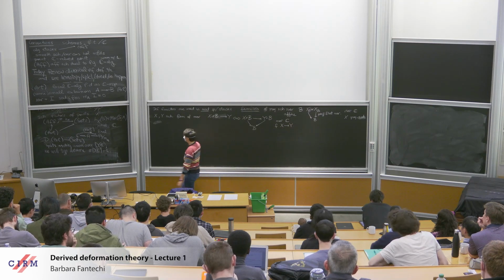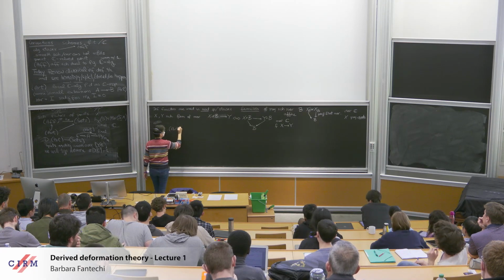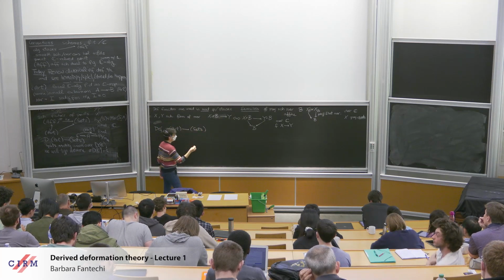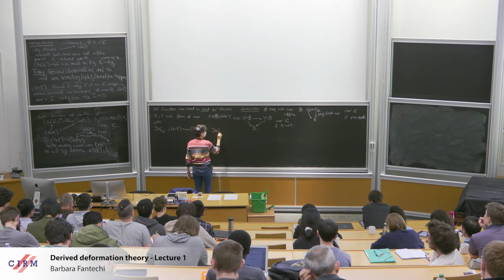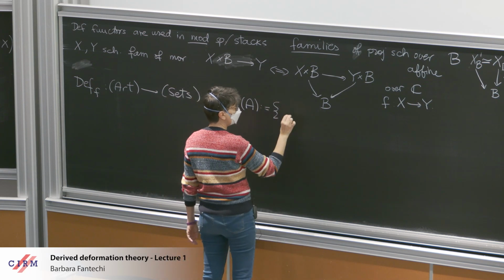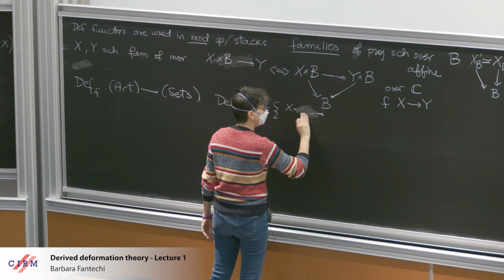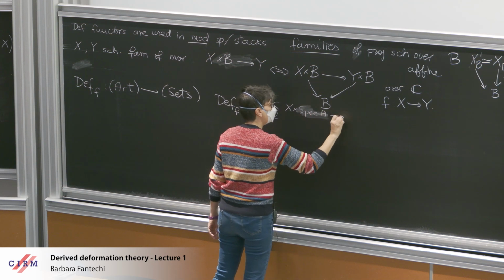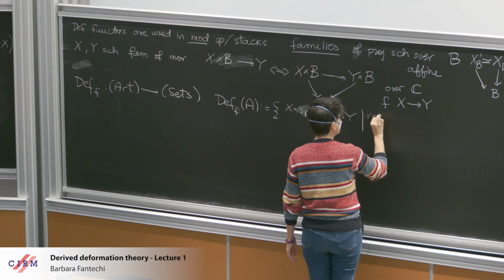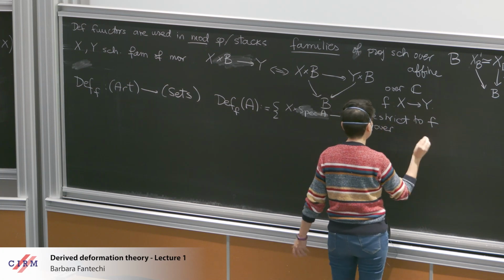And so, for instance, I can now define the deformation functor of f from Art to sets. And I can say that, well, what is it over A? This is defined to be the set of all families of maps to Y such that they restrict to f over the only point.